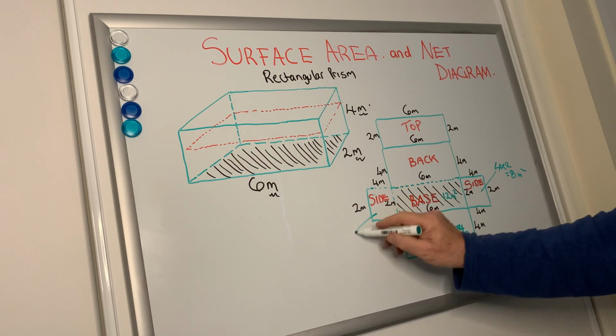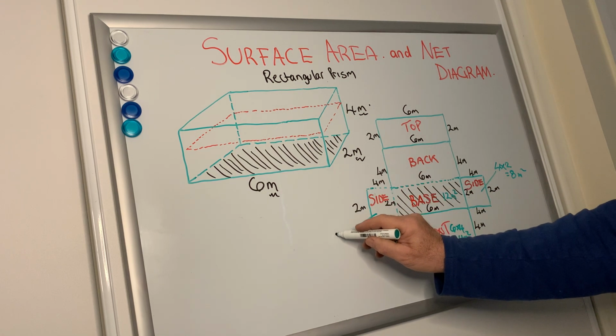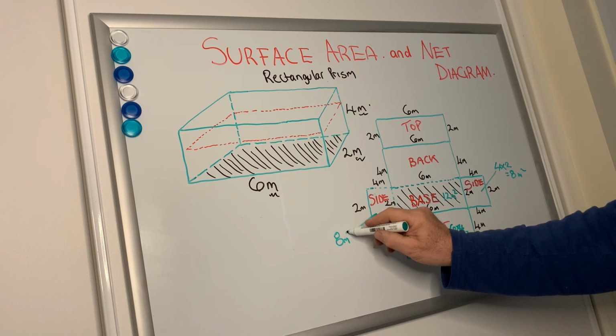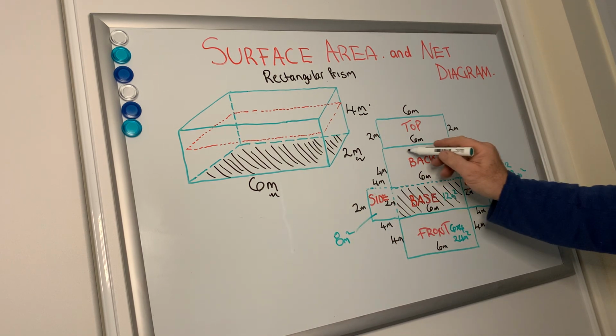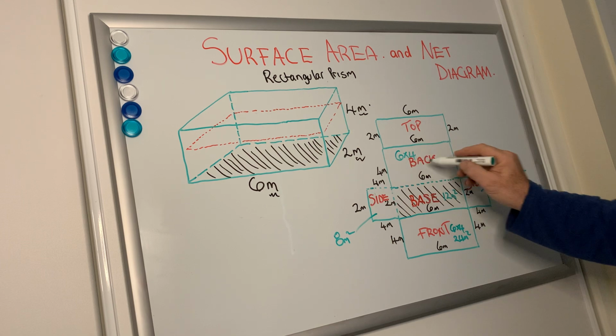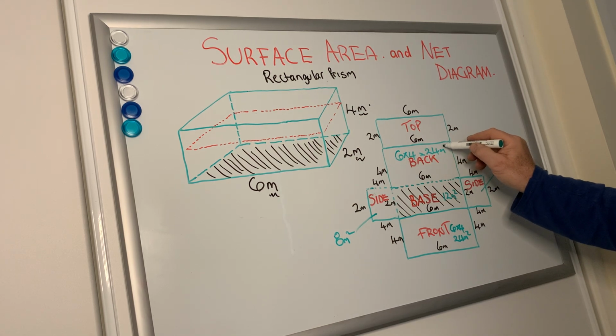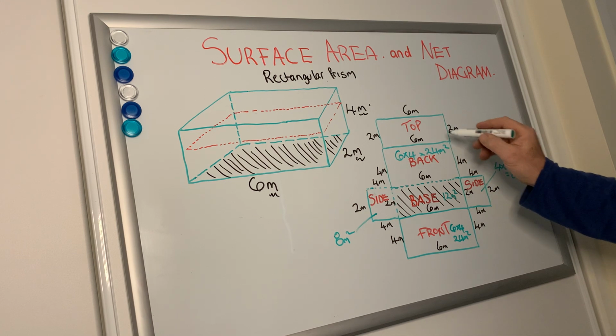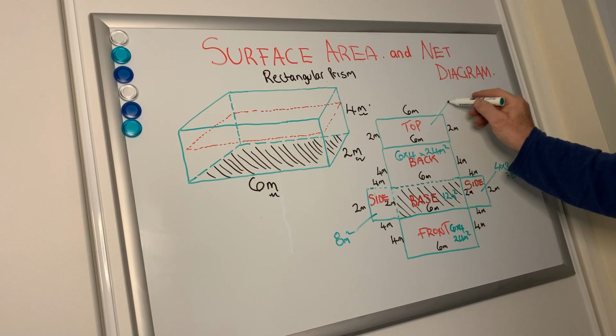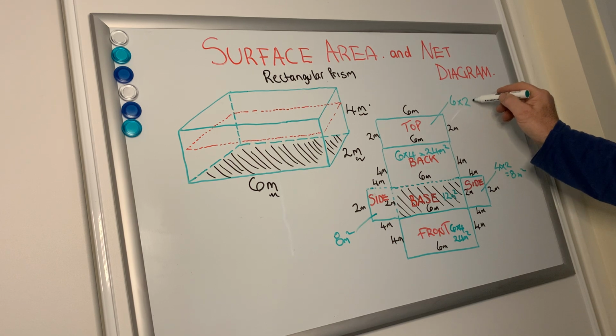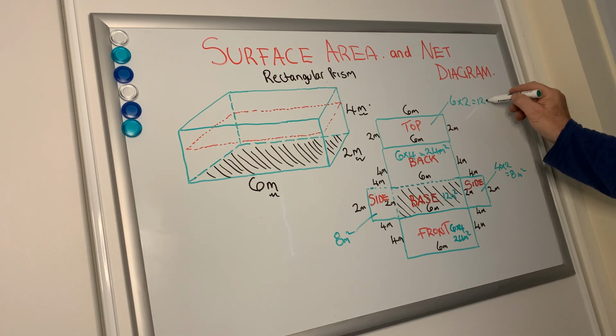This is also 4 times 2, which is 8 square meters. This is 6 times 4, which is 24 square meters. And this is 6 times 2, which is equal to 12 square meters.